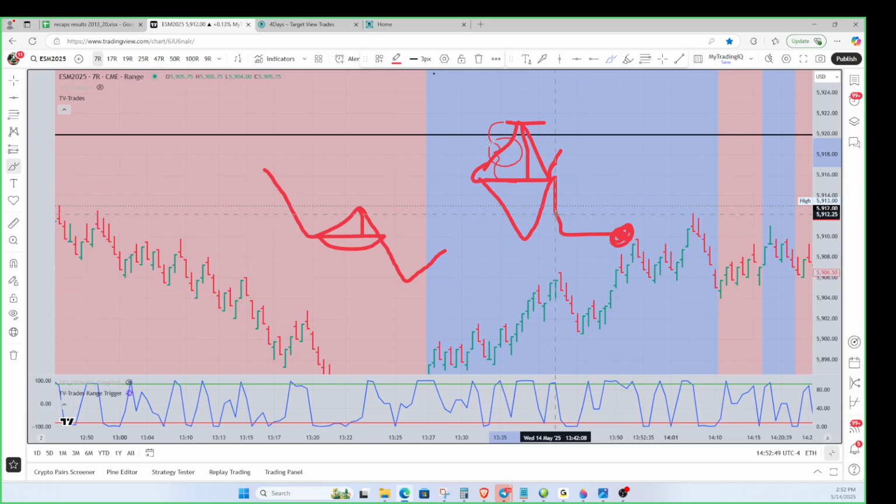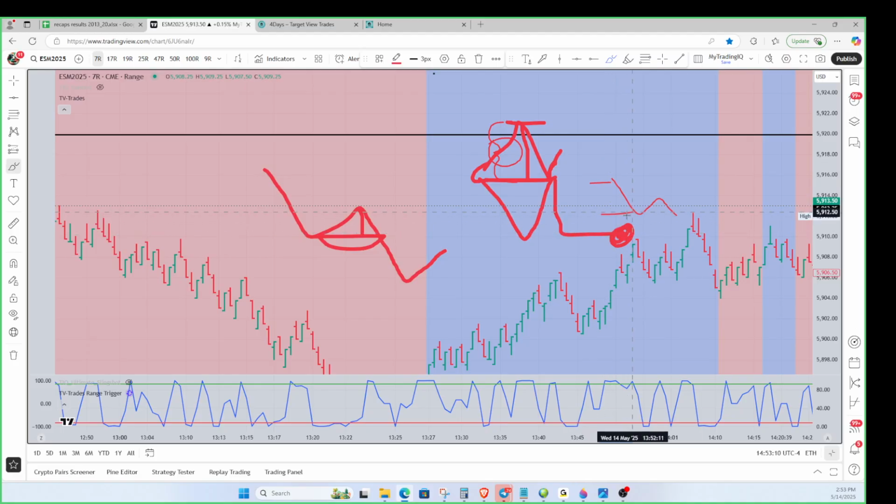And when the pullbacks start to get longer, that goes back, Wayne, to the trade that you asked me about, the trade that I didn't take. When the pullbacks get bigger, like it goes down like that, and the first pullback is like this, and then it goes down like that, so it doesn't go down quite as much.